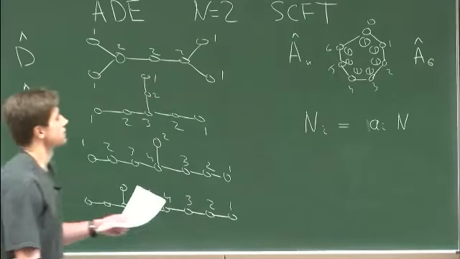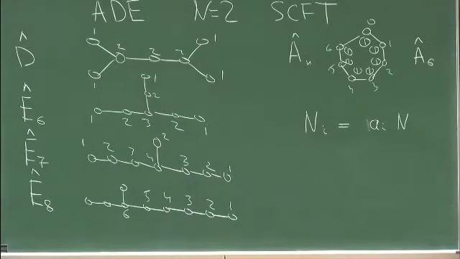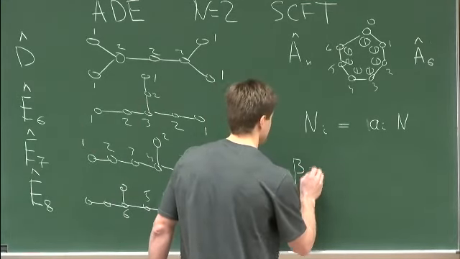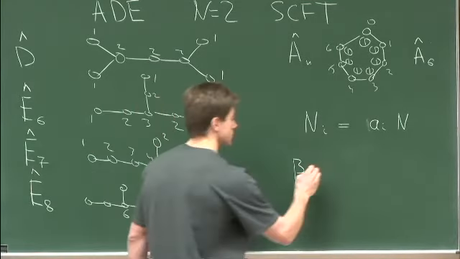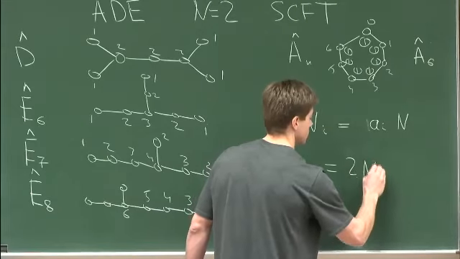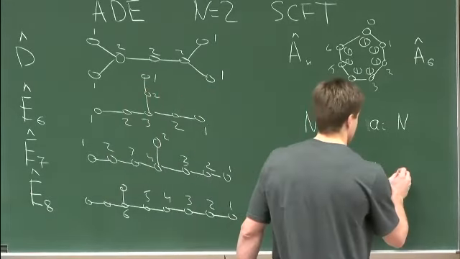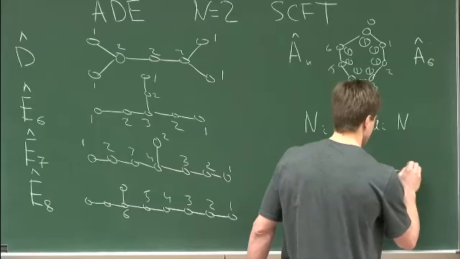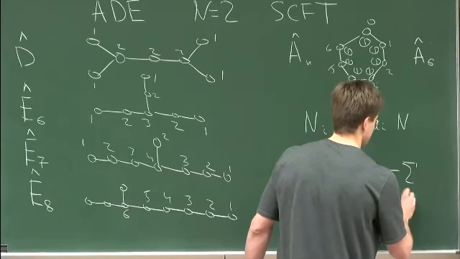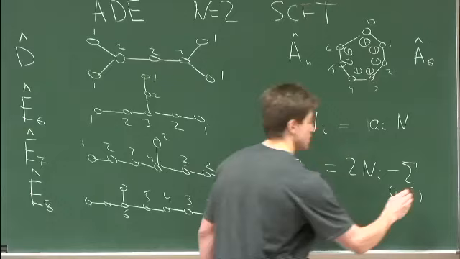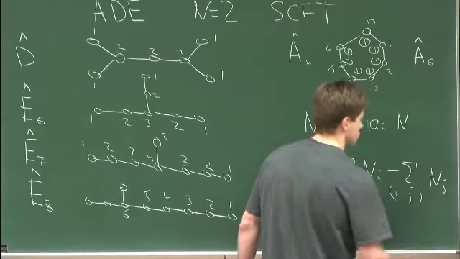Well, the reason that there is only such a finite list of theories is that the beta function, if you compute it for each node, goes like 2N_i for the vector multiplet minus the sum over links in j.